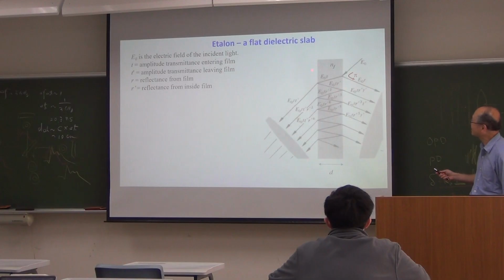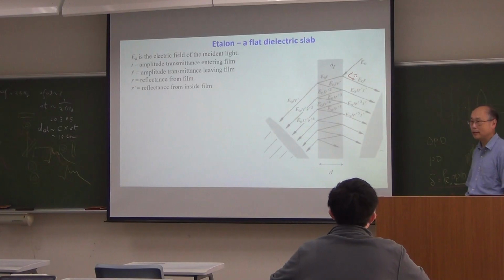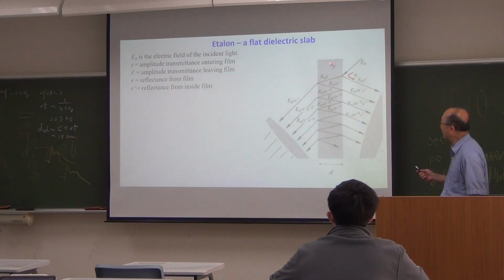This element is called an etalon. It's a very powerful optical element. We want to analyze the bright fringes and dark fringes of this optical element. In fact, every optical cavity is one kind of etalon, because you have reflection from surfaces and then form some standing wave inside.